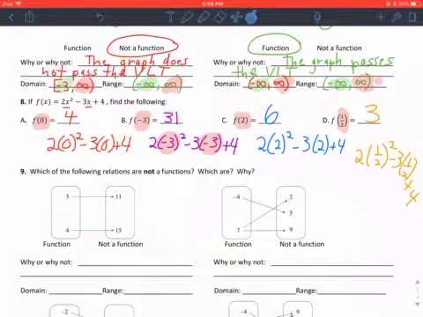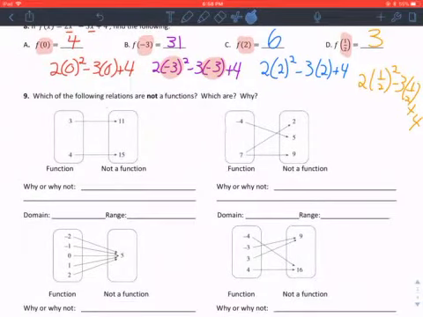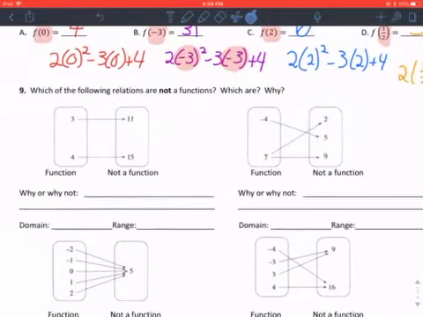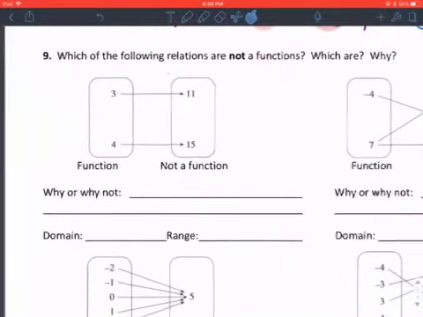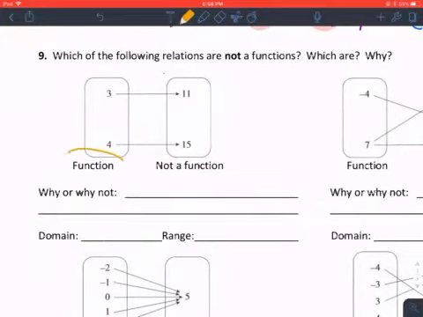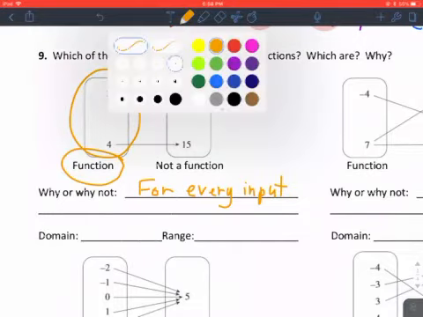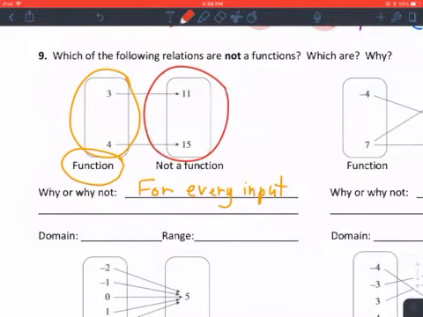Okay, and then last one for this page is number 9. So which of the following relations are not functions? Which are and why? So number 9 is a function, and the reason is for every input, so remember, our inputs are these numbers, and our outputs are these numbers.